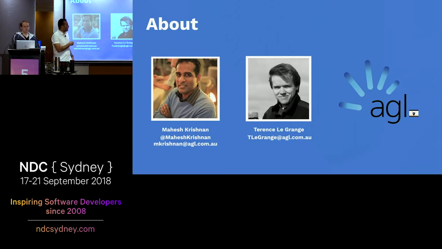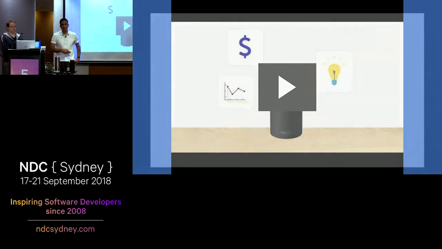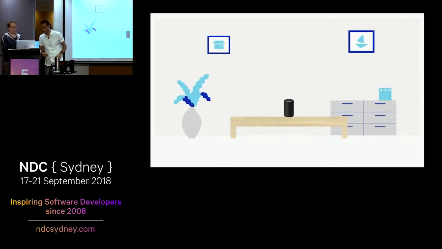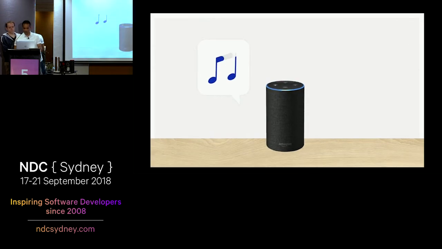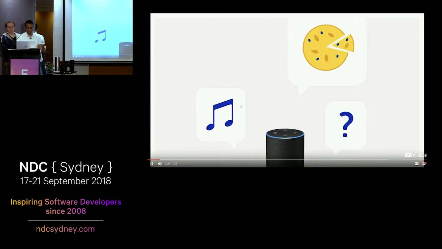So when we launched an application, a skill on Alexa, we also launched a video. So let's quickly play that. It's lost it. Just give me a second while I fix it.